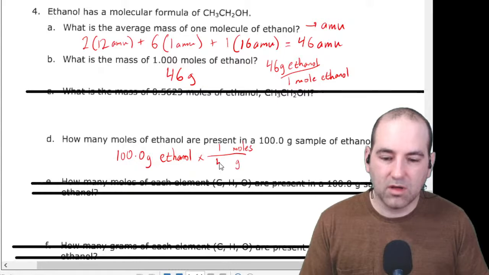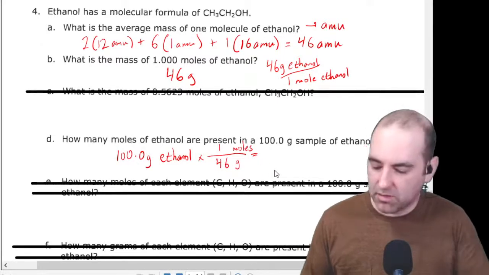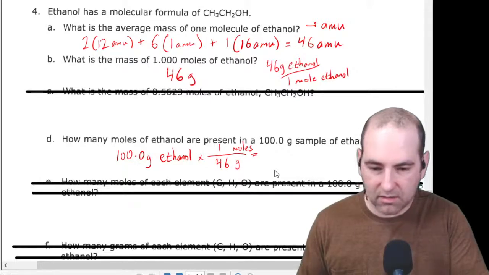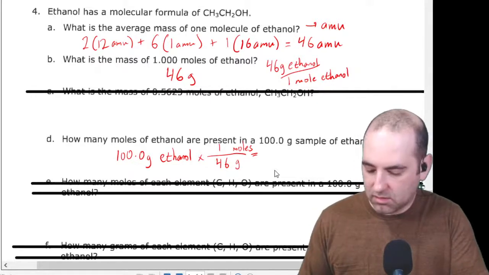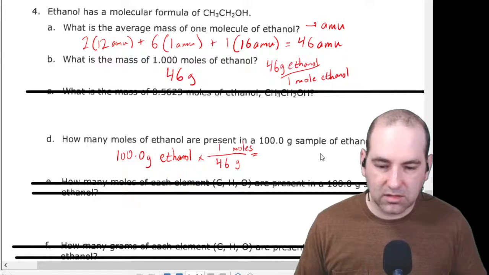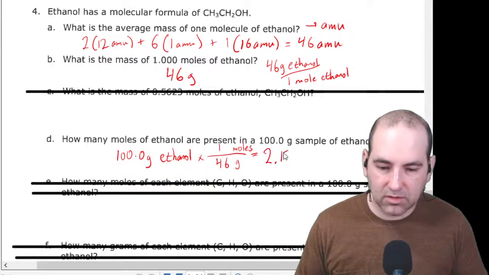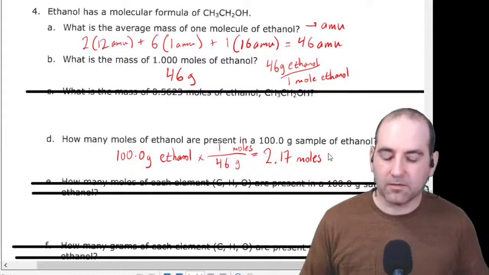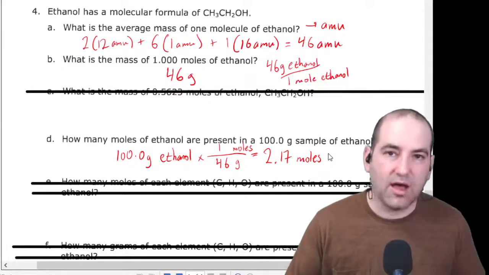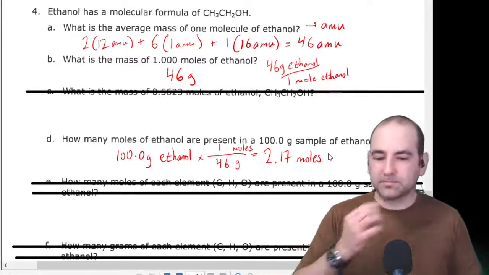So 1 mole per 46 grams. That ends up being a division problem. And if I actually do that here, I get 2.17 moles. All right. So as we estimated, a little more than 2.